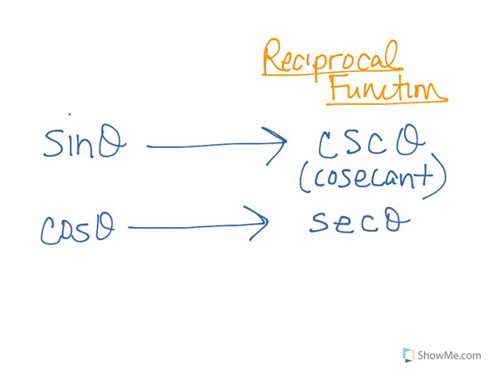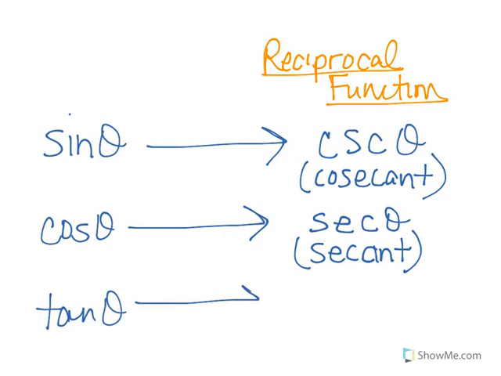For cosine, the reciprocal function is secant. S-E-C is the abbreviation. And so that would just be S-E-C-A-N-T. And the reciprocal function for tangent is cotangent. Abbreviation is C-O-T, theta.